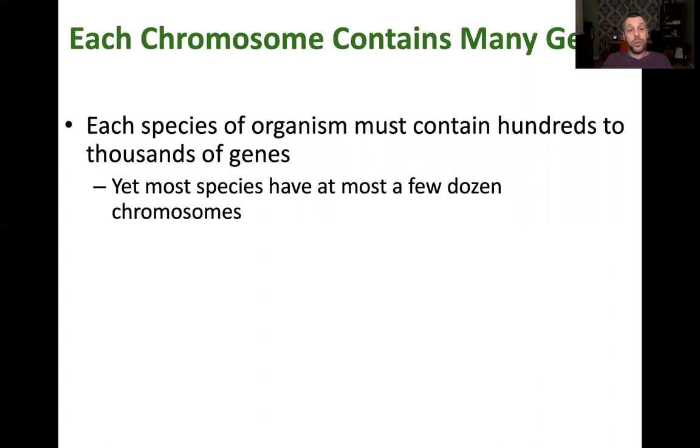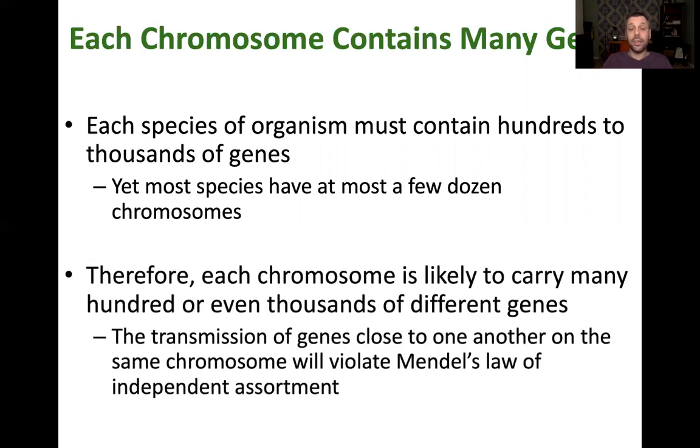And I've told you so far that the human genome, for example, contains about 23,000 genes, something like that. But you also know that the human genome only contains 23 pairs of chromosomes. So in order to fit all those genes onto those few chromosomes, it's obvious that each chromosome must carry many genes, hundreds or even thousands of different genes.